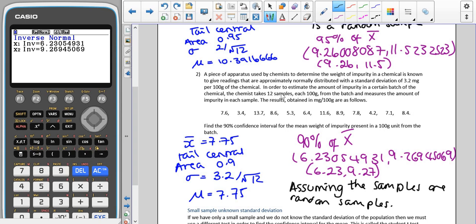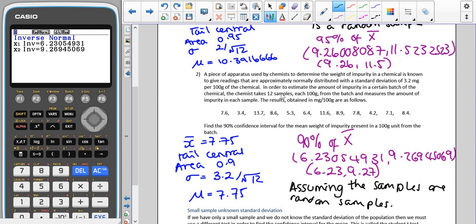So the results obtained in milligrams per 100 grams are as follows. Again, the fact that it keeps talking about this 100 grams is just trying to reassure us we are looking at the same amount of the chemical. We're not having to try and do any conversions or anything like that. We know the standard deviation for the 100 grams, and then we keep having a look at 100 grams.